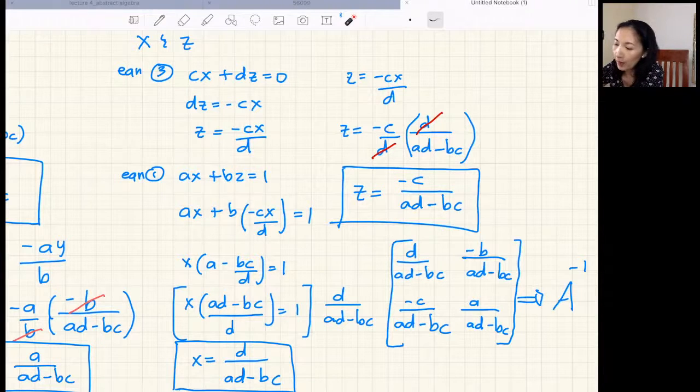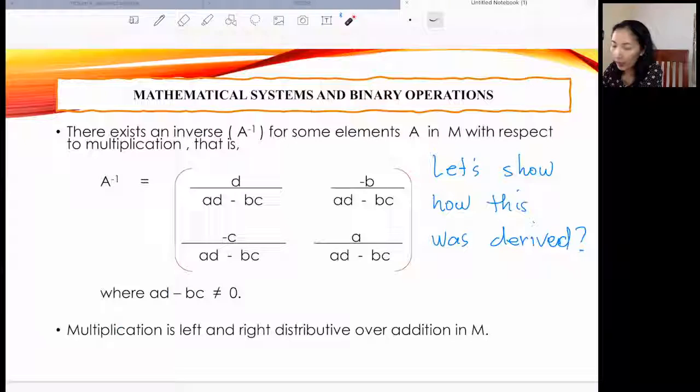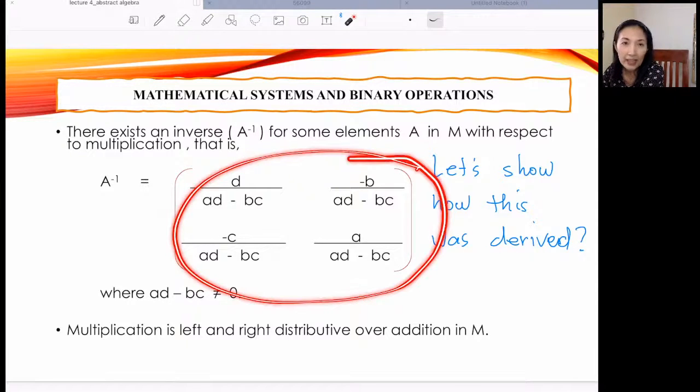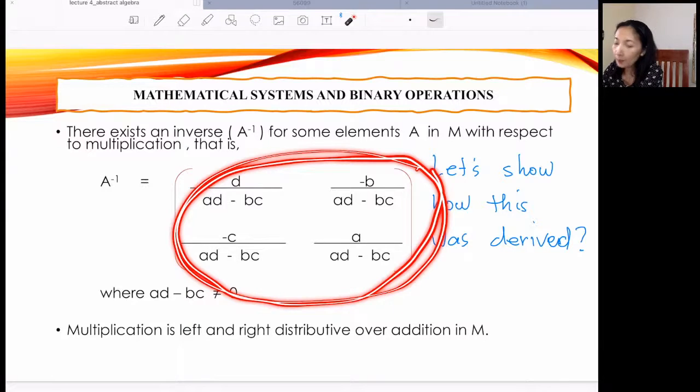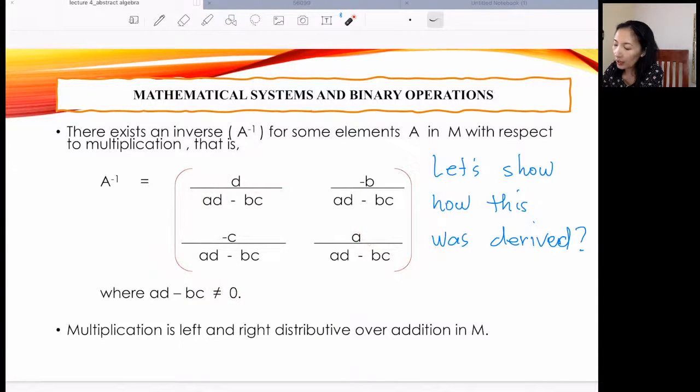Okay, so going back, let's compare. This is in fact what we have just derived, and this gives the inverse of a 2 by 2 matrix. A and D swap places, and then B and C retain their places but get their negatives. And then divide each entry by the determinant.